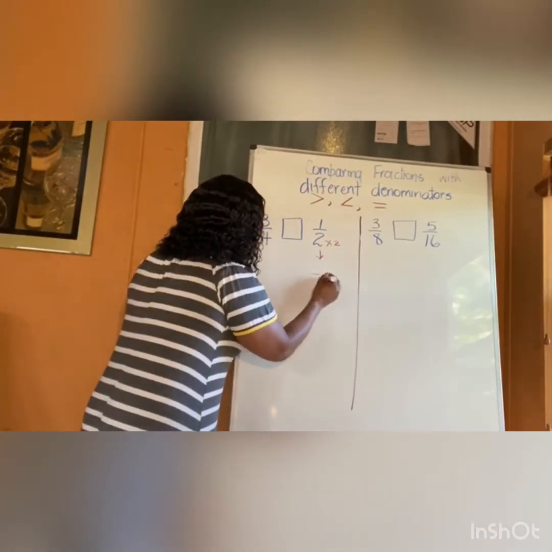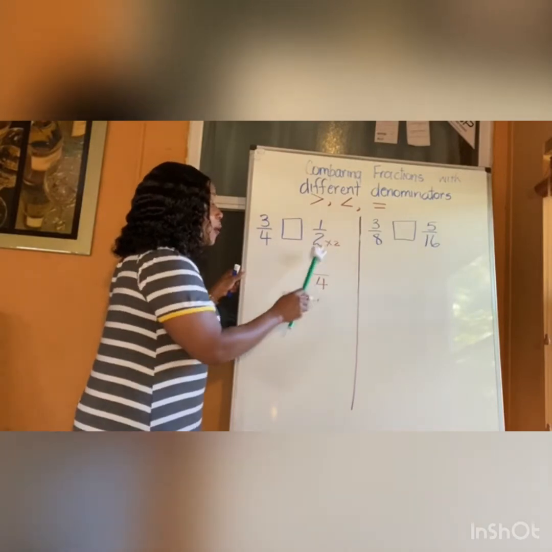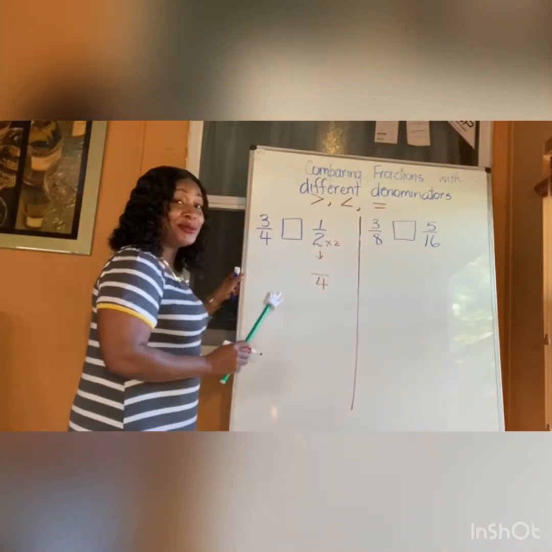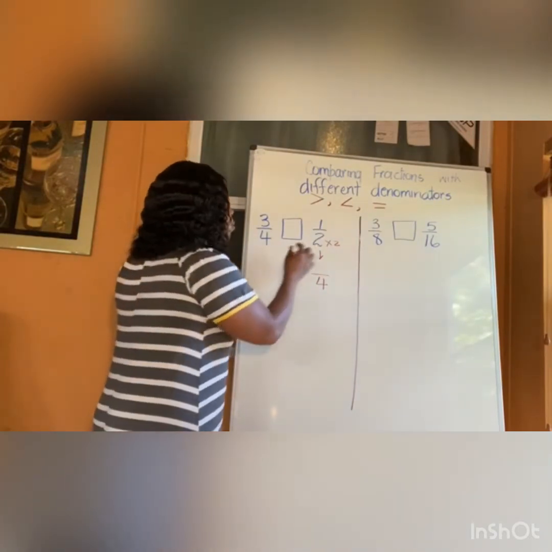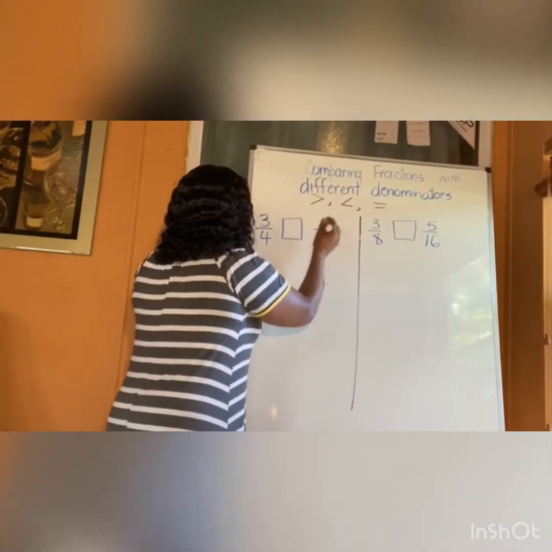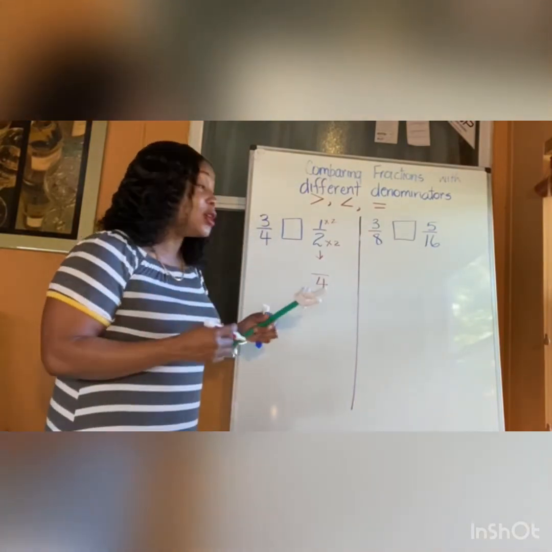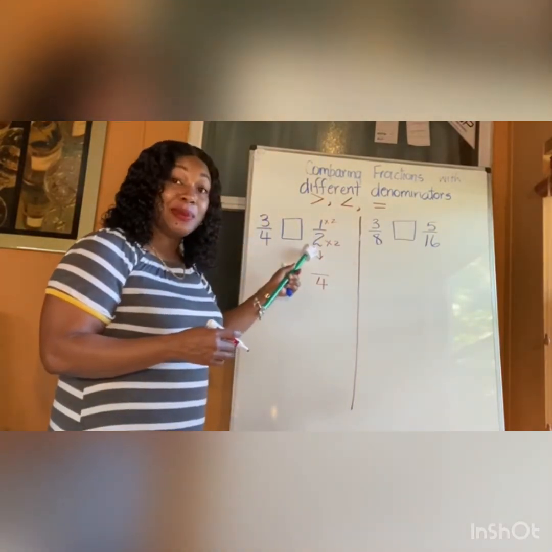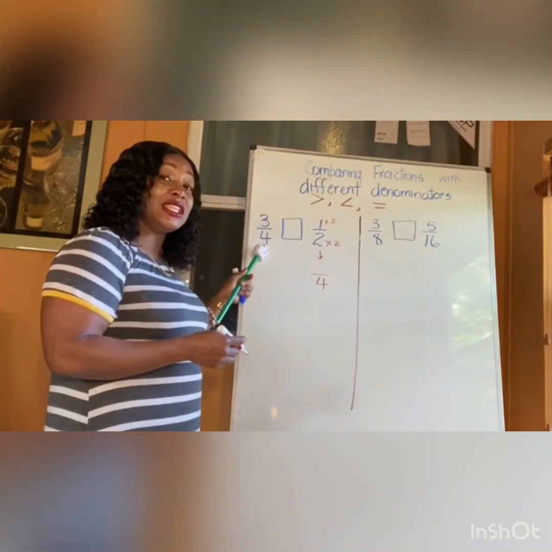So I'm rewriting my fractions. This denominator is now 4 because I multiplied by 2. If I multiply the denominator by 2, then I also need to multiply the numerator by 2. So first, I have to figure out what it is I need to multiply the denominator by to make it equal to this denominator.